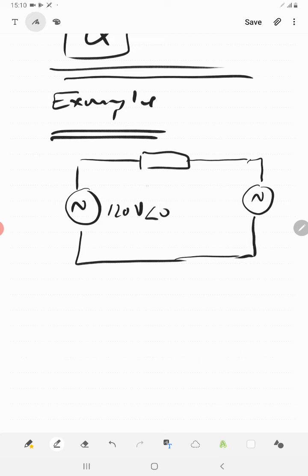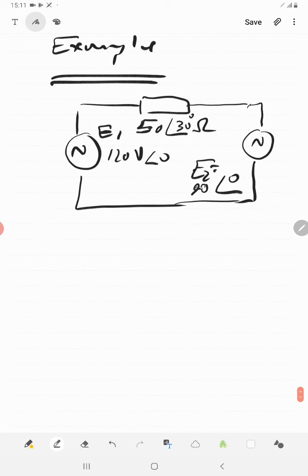Let's say we have here 40 or 50 ohms, angle 30 degrees, and this is E1. And let's assume that E2 is 90 volts, angle also 0.